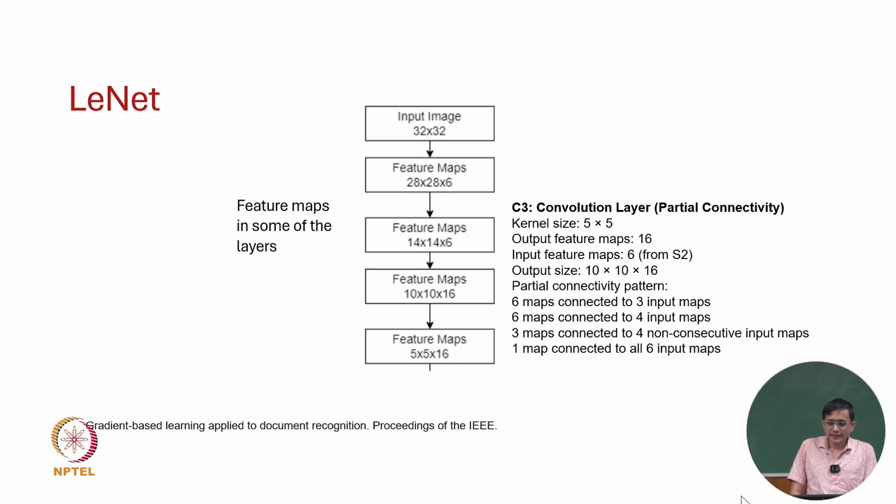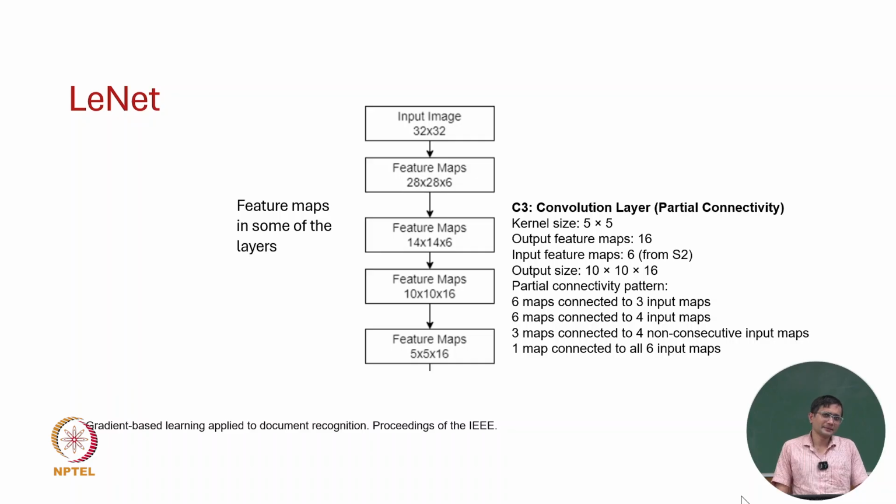So the output size, as we already mentioned, is 10 cross 10 cross 16. The partial connectivity pattern is like this: 6 of the maps connect to 3 input maps, 6 other maps connect to 4 input maps, 3 maps connect to 4 non-consecutive input maps, and there is 1 map which is connected to all 6 input maps.